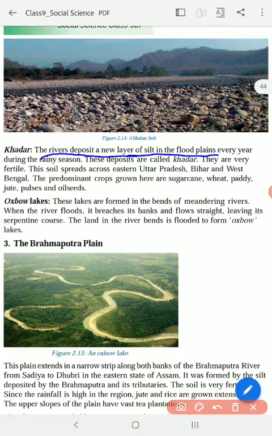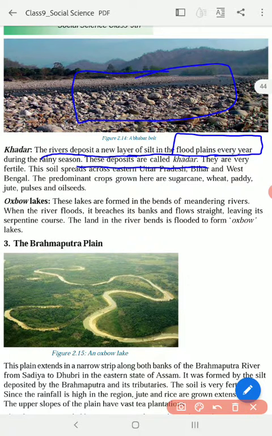It is the third stage, in which we find the new river deposits. These deposits are called Khadar because it is here that we have floods and rain.